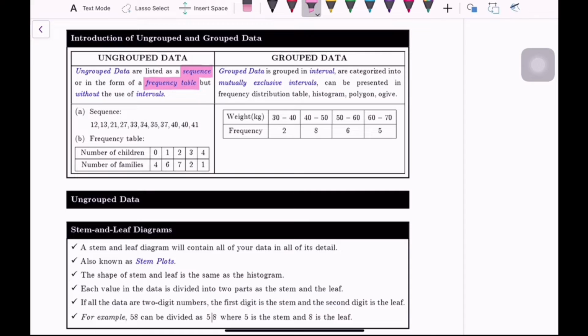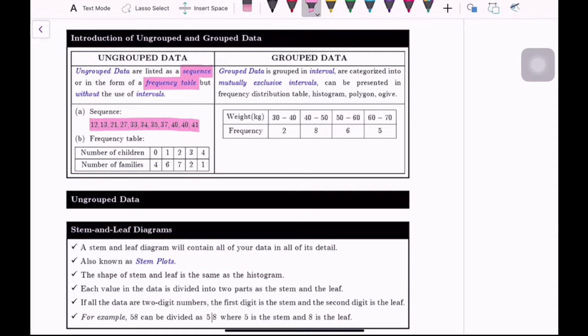Introduction of ungrouped and grouped data. Ungrouped data are listed as a sequence or in the form of a frequency table, but without the use of interval. This is an example of sequence. Example of a frequency table.